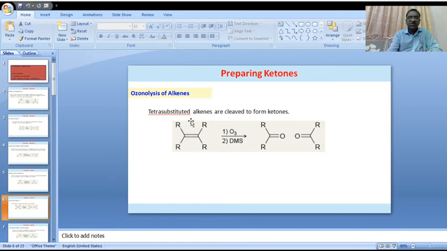Here the cleavage of this carbon-carbon double bond forms ketone. Two moles of ketones are produced in this reaction. This is the second method of preparing ketones. Is it clear?